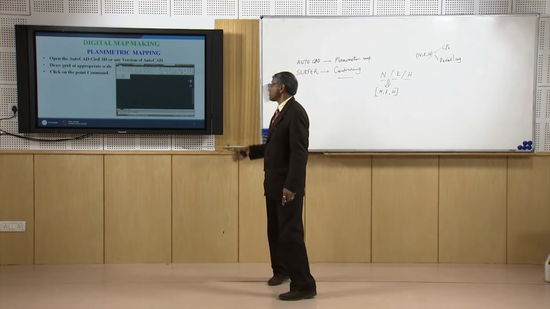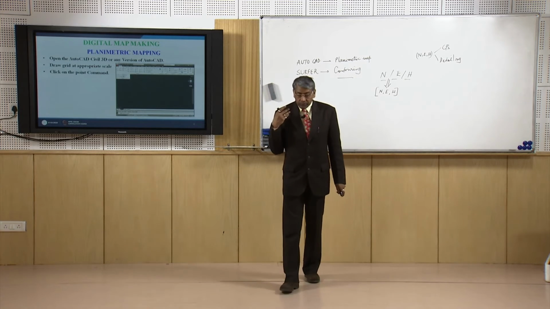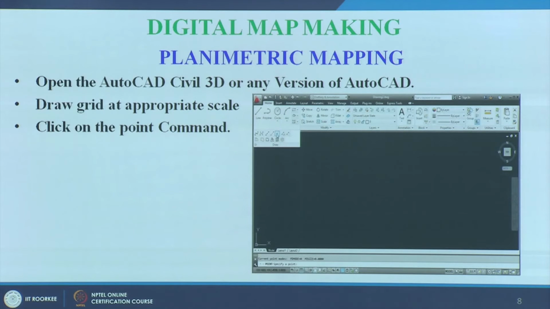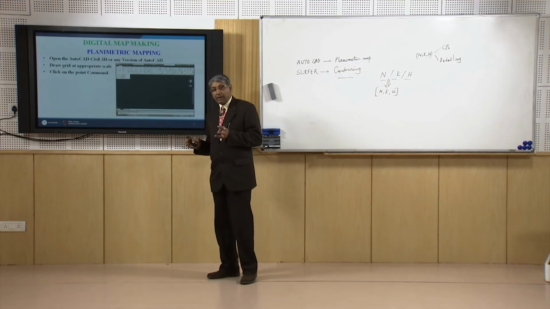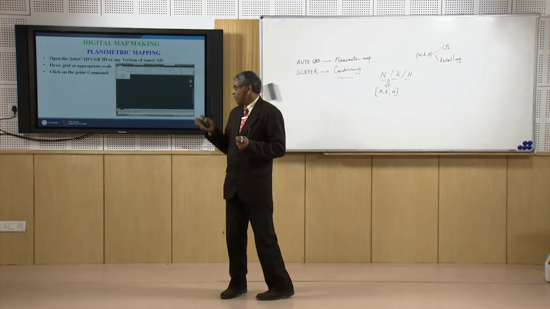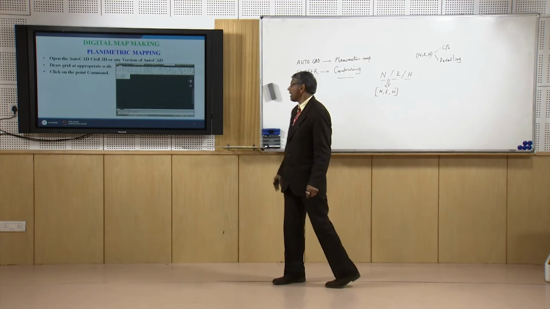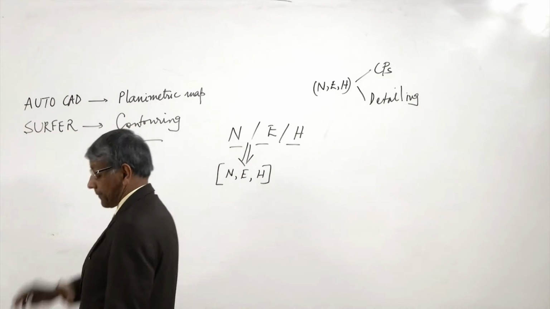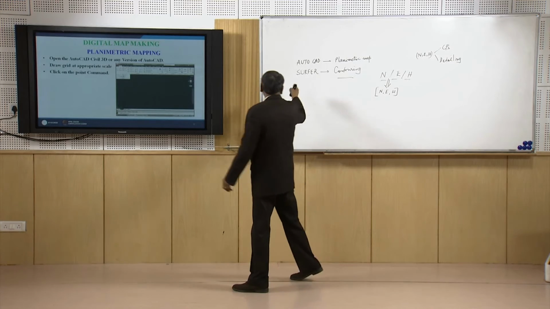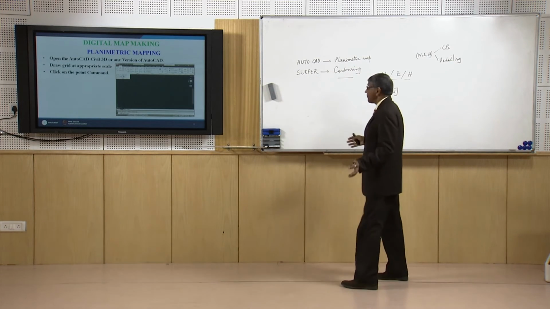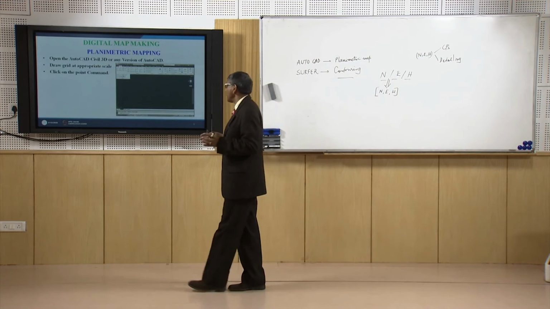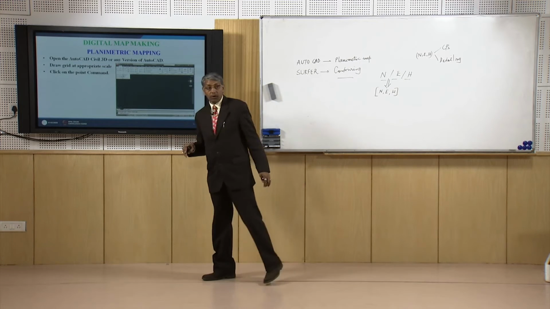In fact, AutoCAD 3D Civil directly provides all three dimensions. That means both planimetric work as well as mapping work can be done. However, I will be using AutoCAD independently for planimetric work and Surfer for contouring. The reason is that I have found Surfer provides contouring far superior to that provided by AutoCAD 3D Civil.